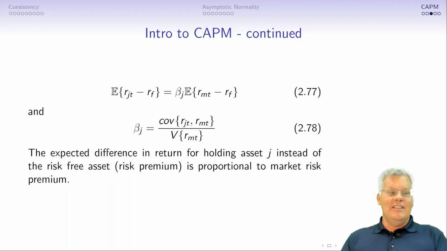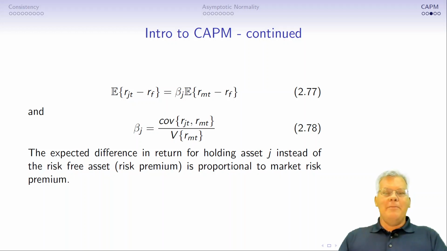So if I invest in the stock market versus Treasury bills, what is my extra rate of return? And on the left-hand side, we have the additional rate of return that I get from holding an individual stock versus Treasury bills.